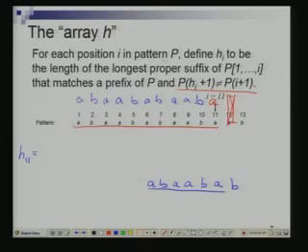so I is the length, so hi is the length of the longest such suffix which matches the prefix of P, and then I want that the I plus 1th character of the text should not be the same as the hi plus 1th character of the pattern, because this quantity is hi now for us. So hi then is 1, 2, 3, 4, 5, 6.